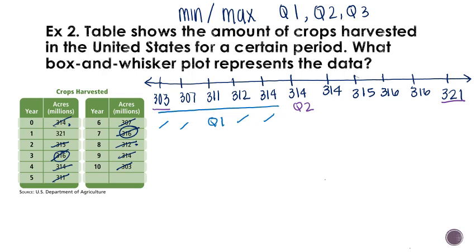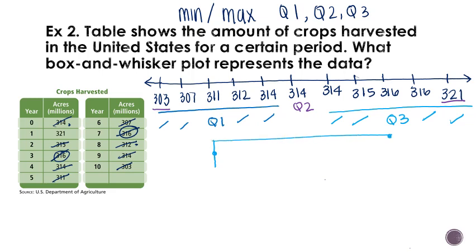And then over here on this side, Q3 is the middle of this data set. So there I have all my values. So I could go ahead and make the box.